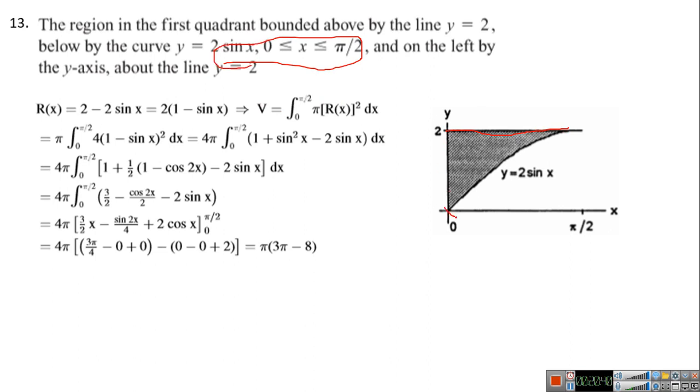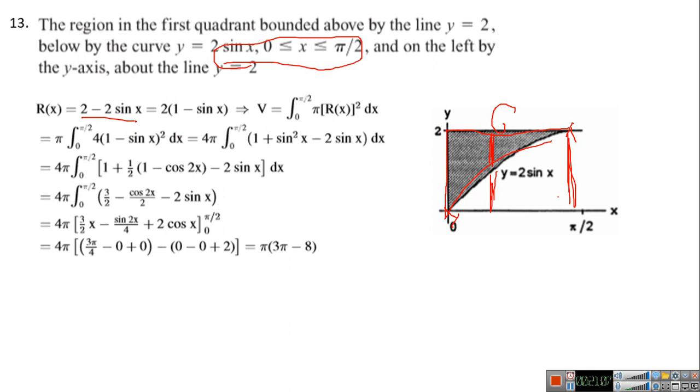Sine 0 is 0, sine pi over 2 is 1, times 2 is 2, and on the left by the y-axis, and you have the curve. You want to rotate it about the line y equal to 2. It's also a disk, so I want from here till here. So directly it's the function. From here till here is the function, and here is 2. So it will be 2 minus this one.